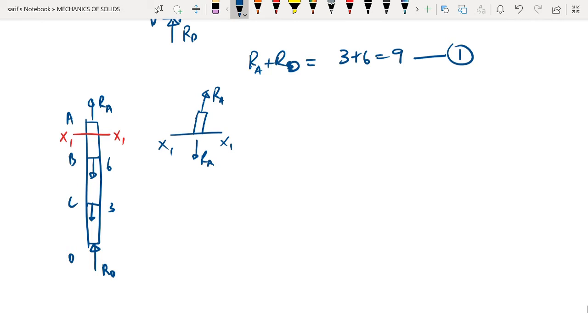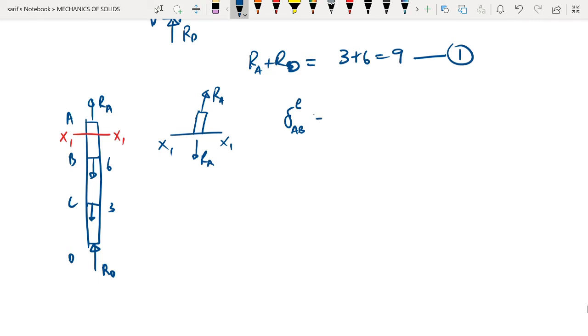So we can write an expression for the elongation of this region as delta, let us call it delta AB, and delta AB is an elongation. So we can put a subscript e here representing it as an elongation.